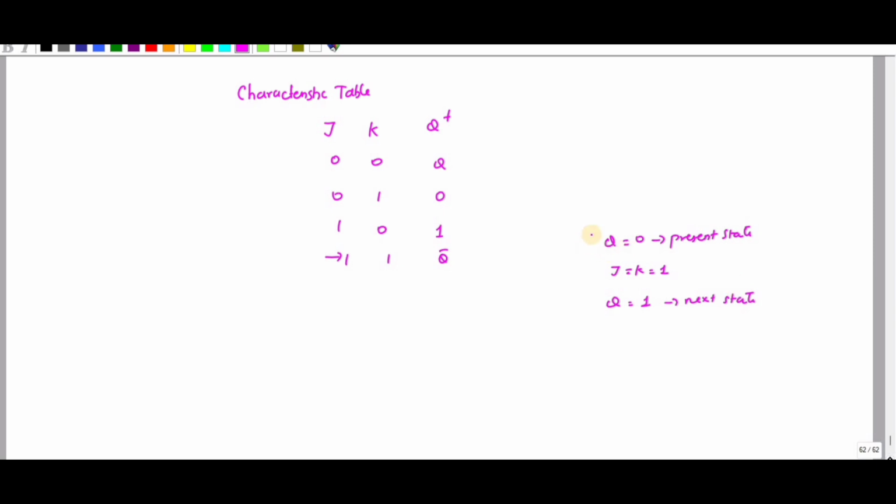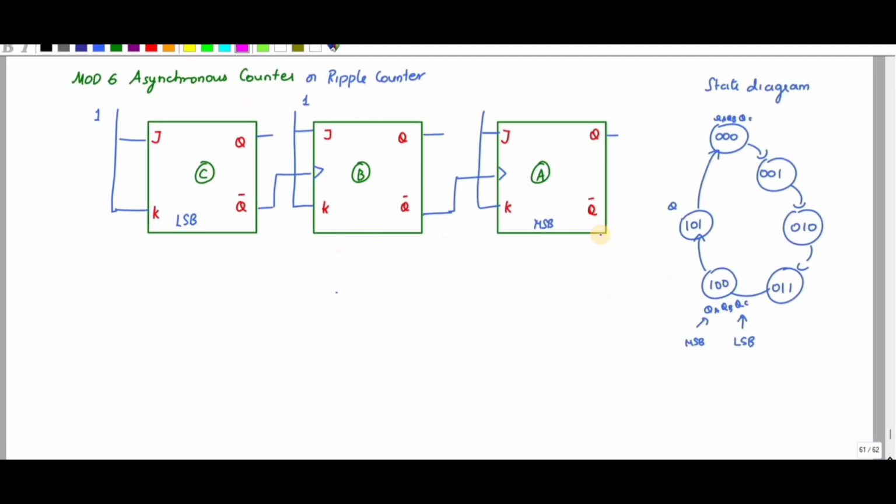Okay, when Q is 1 at the present state and JK is 1 1, Q of the next state is 0. So it will toggle when JK is 1 1, based on the clock, only when the clock is active.